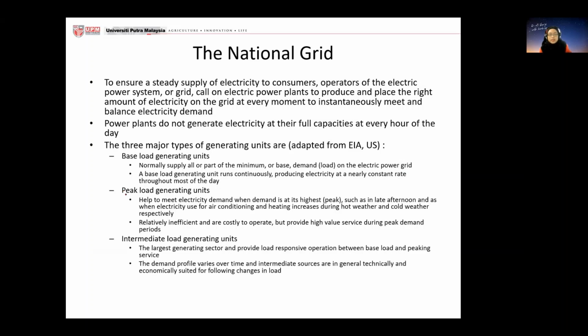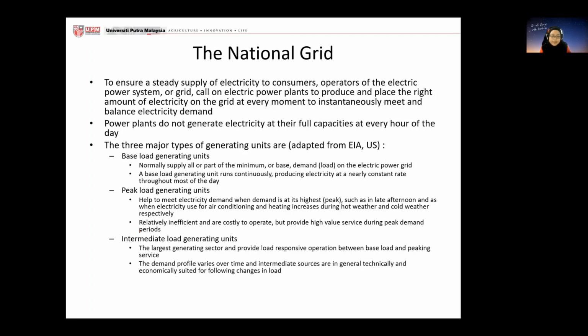So peak load generating units help to meet electricity demand when demand is at its highest, such as in the late afternoon, or when electricity used for air conditioning and heating increases during hot weather and cold weather. They are relatively inefficient and very costly, but they provide a high value service during these times of need.